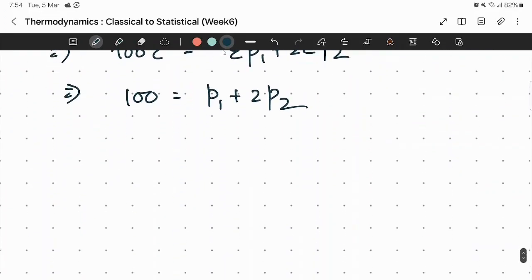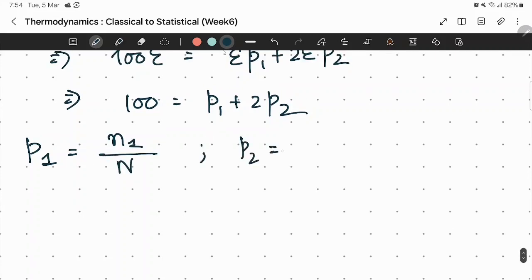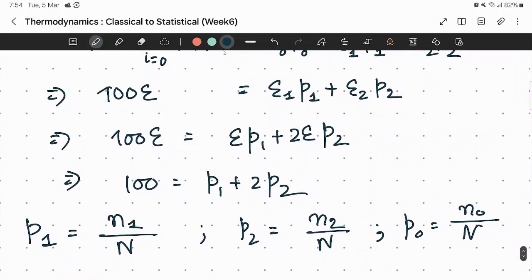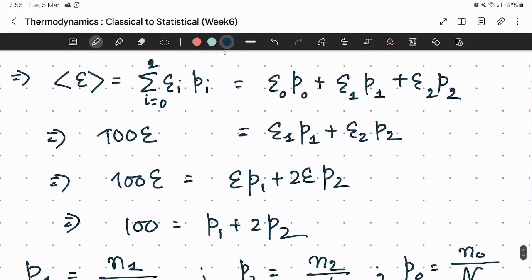Now what is p1? p1 is N1 divided by the total number of molecules, and p2 is N2 divided by N. But these are probabilities, so they should be less than 1, and it should not be 100.